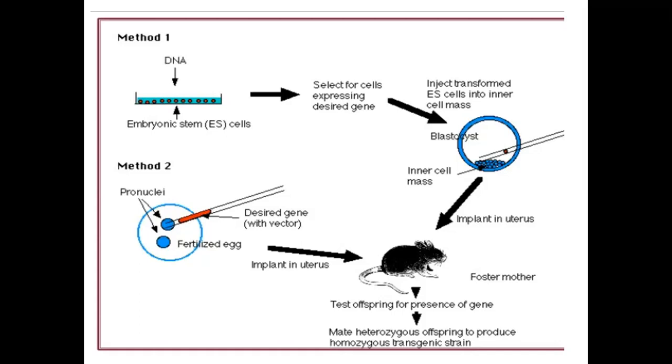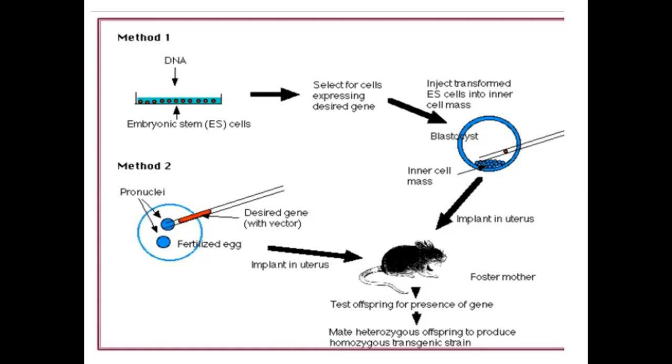Then we select for cells which are expressing the desired gene, and inject the transformed embryonic stem cells into the inner cell mass. As I already told you, the blastocyst has a hard covering, so we have to inject through microinjection into the inner cell mass.